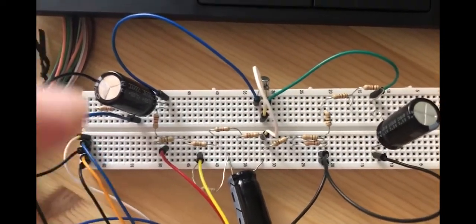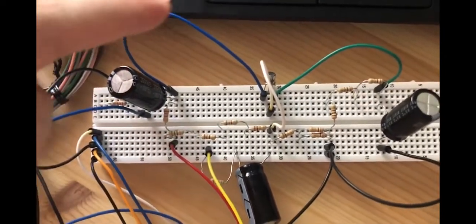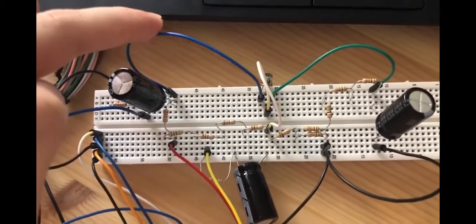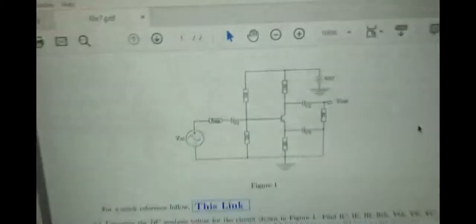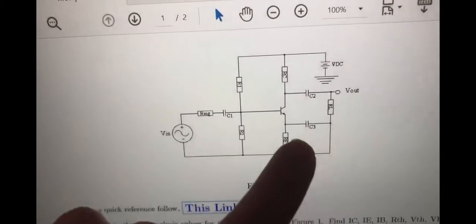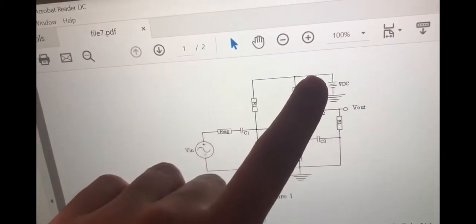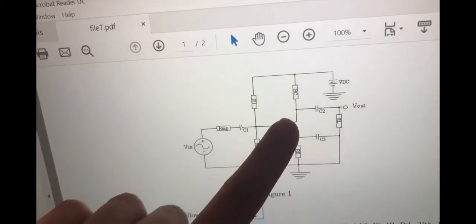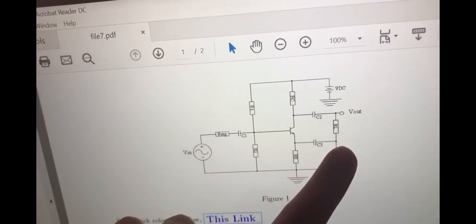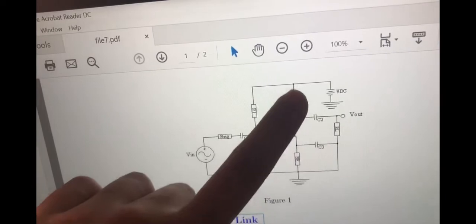Then we have collector connections. This is my collector. Here, as you can see, we have RC going to, as I said, the red wire here, and C2 and RL to ground. Let's first check RC.